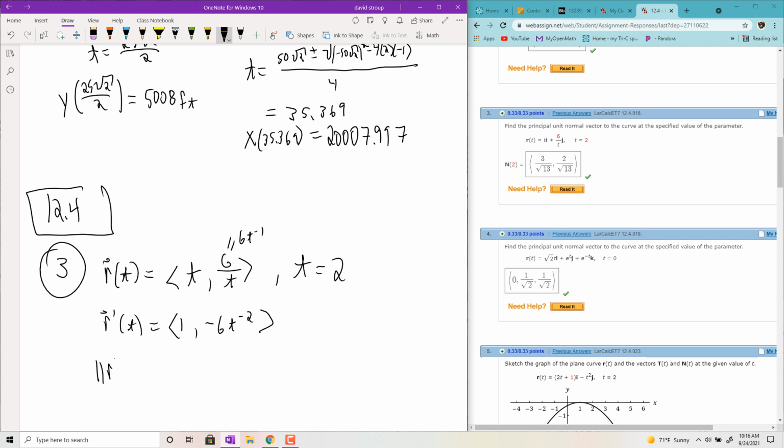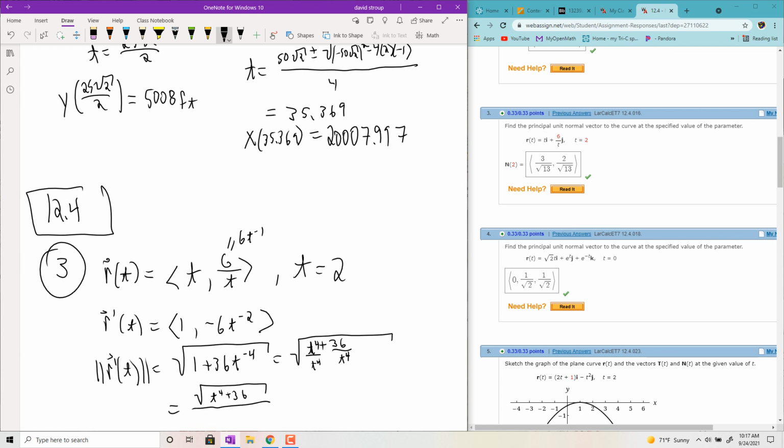Then the magnitude of the derivative is going to be the square root of 1 plus 36t to the negative 4. Let's rewrite that as 1 plus 36 over t to the positive 4. Get a common denominator. And then the square root of a quotient is a quotient of the square root, so I'll have t to the 4th plus 36 all over the square root of t to the 4th, which will be t squared.